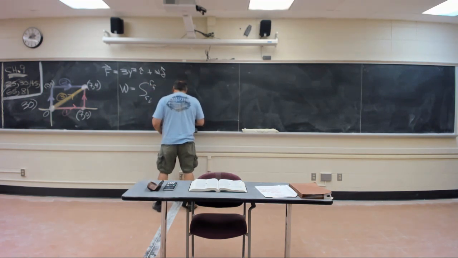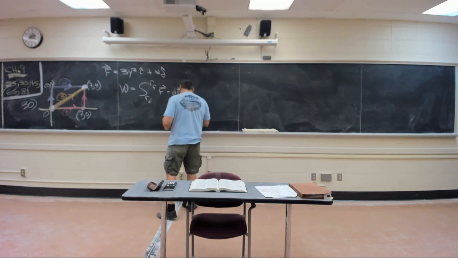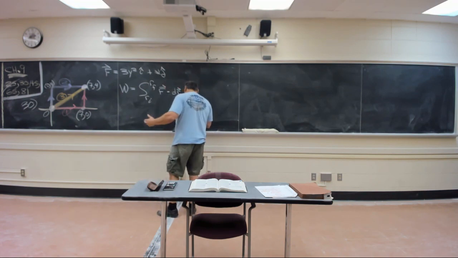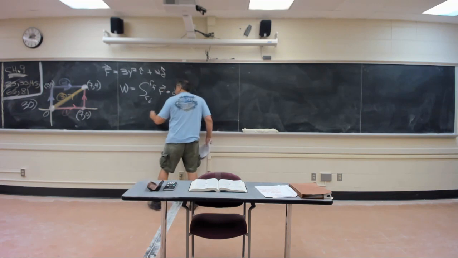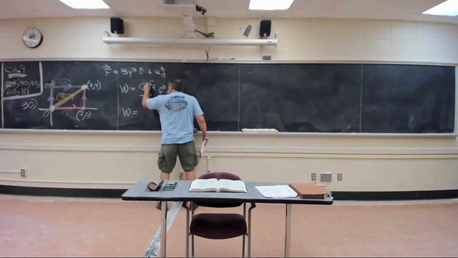They're vectors. It's F vector dot dr vector. And there's a whole bunch of crazy stuff that can happen vis-a-vis all that. I mean, you're basically going from here to here. I showed this in the notes.